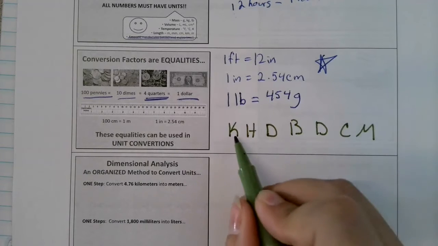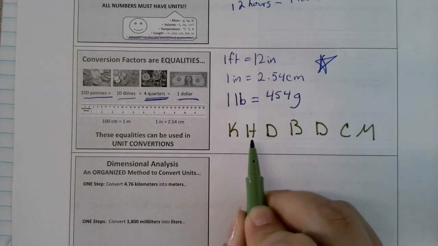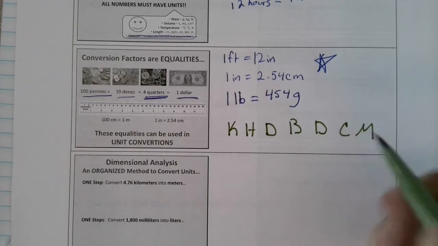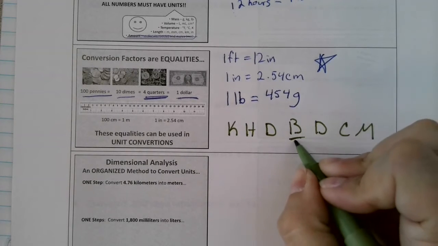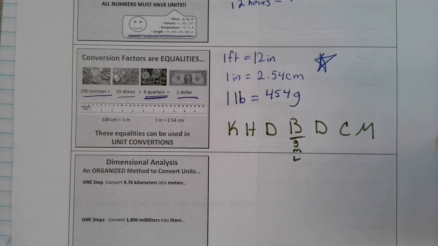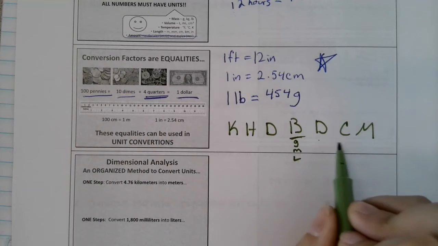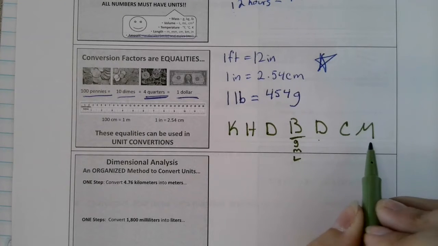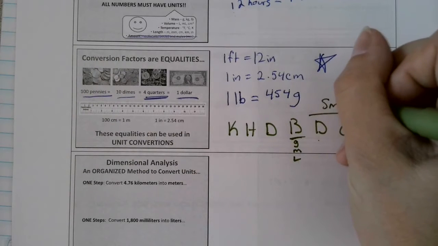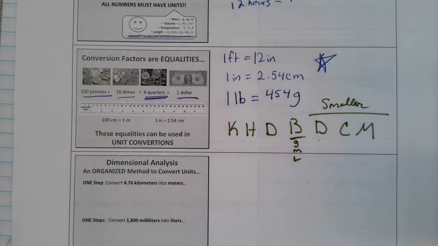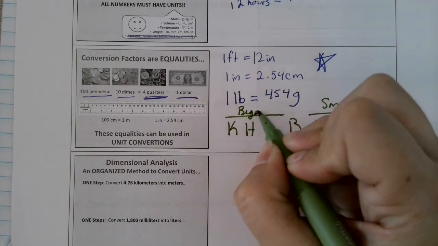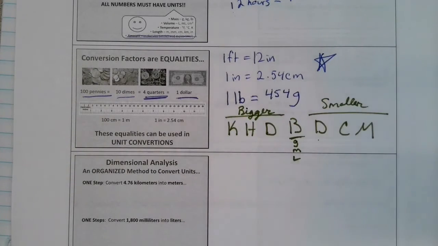This is telling me that I have kilo, hecta, deca, and then my base, that is generally going to be grams, meters, or liters. Deci, centi, and milli. Our right side is generally going to be our smaller numbers, and our left side is going to be our bigger numbers.